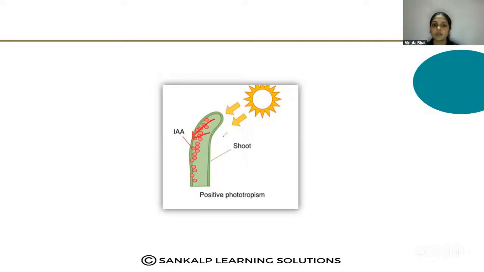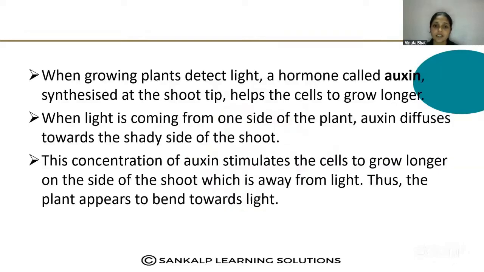This auxin helps the cells to grow longer, so the cells here grow longer like this. This concentration of auxin stimulates the cells to grow longer on the side of the shoot which is away from light.